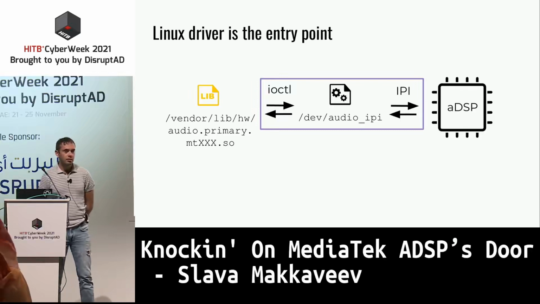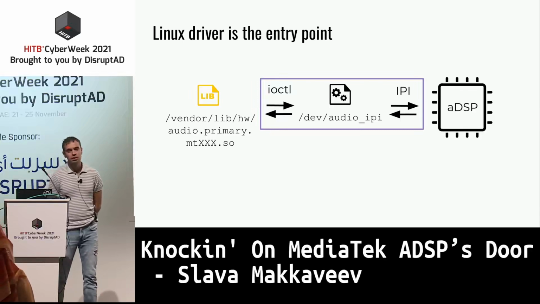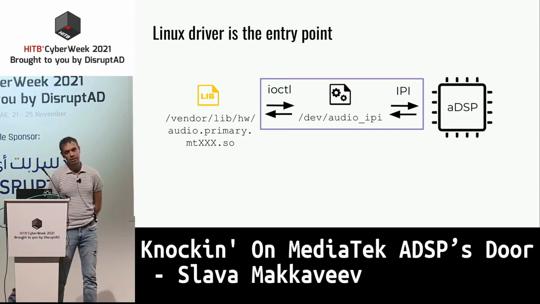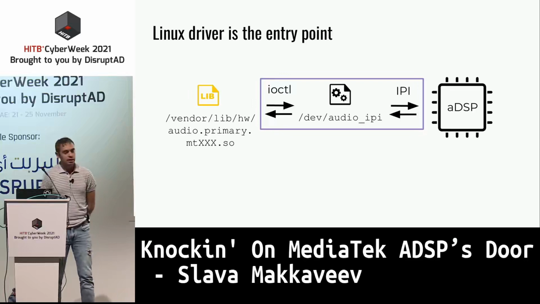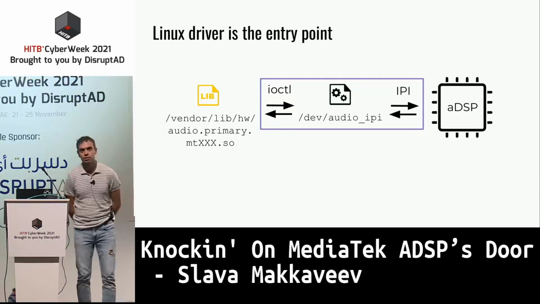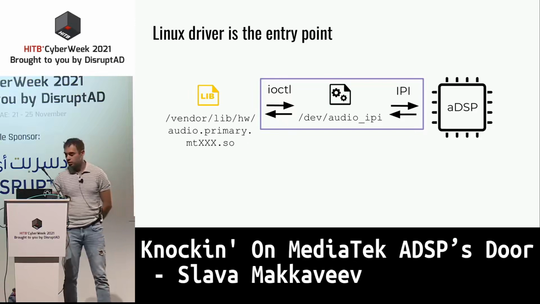This library exports a singleton which could be used to send IPI messages, inter-processor interrupt messages, from Android to the audio DSP. I used this MediaTek API library to explore the flow between Android user space and the audio DSP.